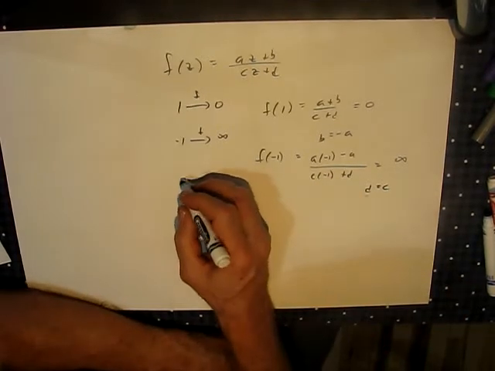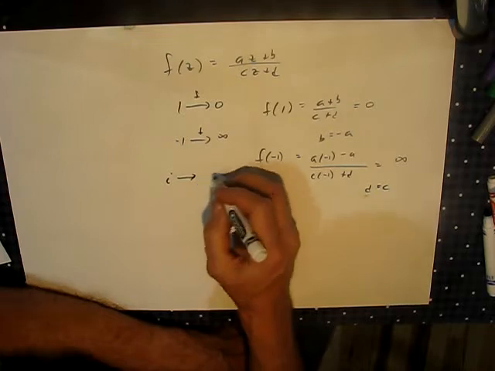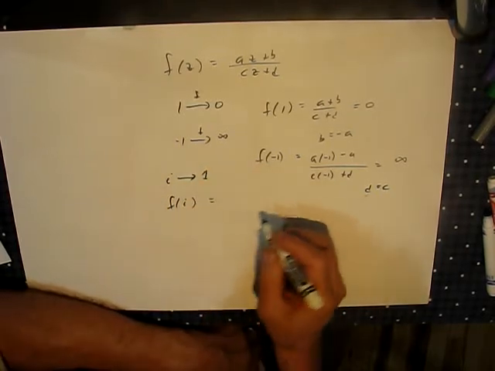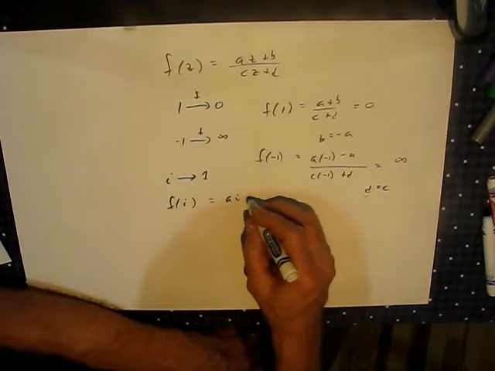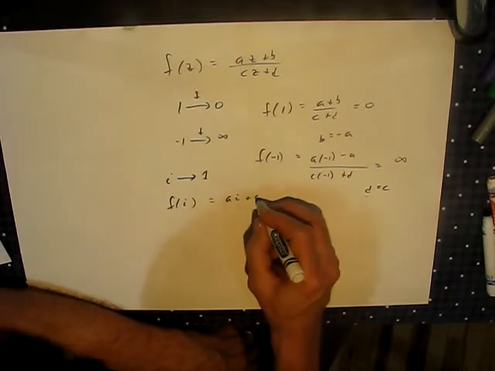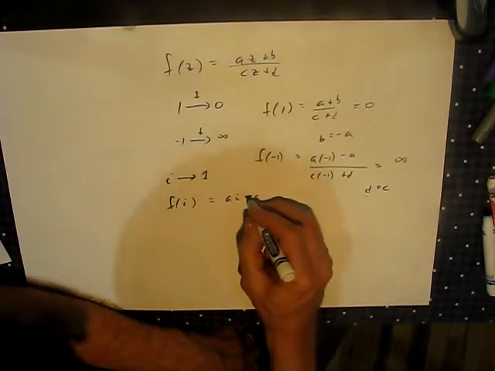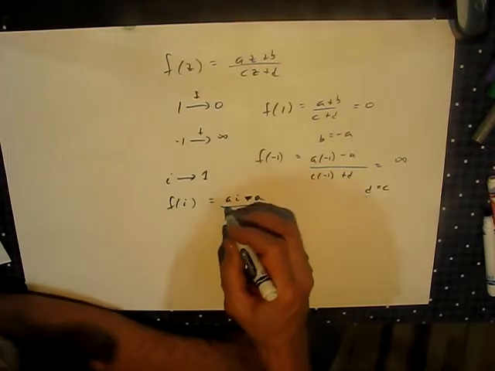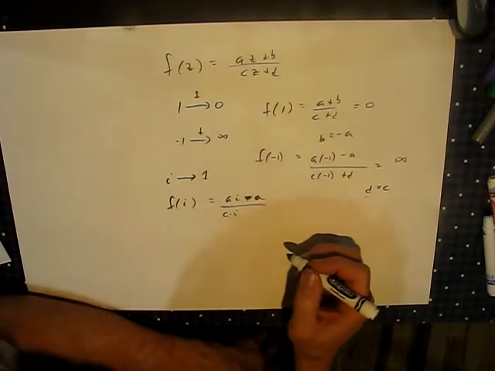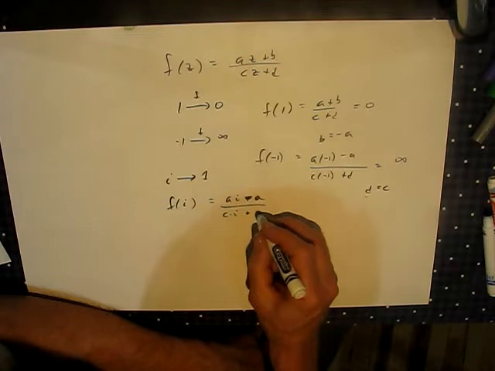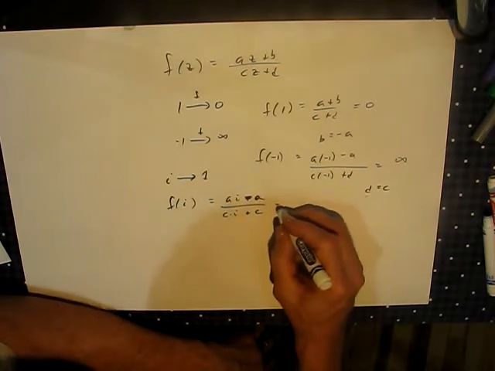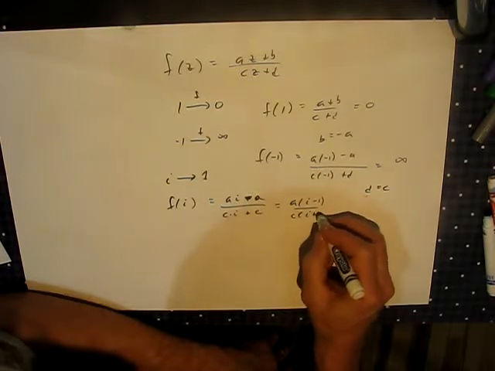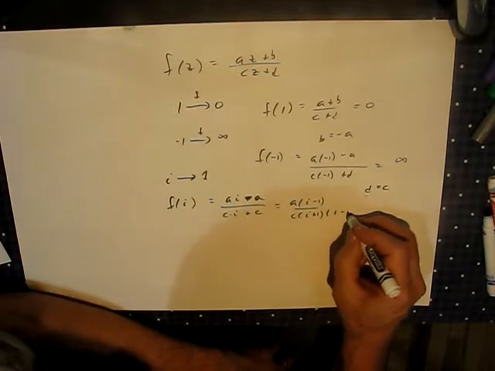And so now the last step is we want i to get mapped to 1. And so f of i is going to be a times i plus b, b is minus a, over c times i plus c. And so this is going to be a times (i minus 1) over c times (i plus 1), multiply top and bottom by 1 minus i.